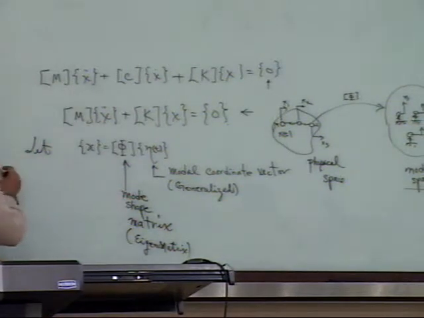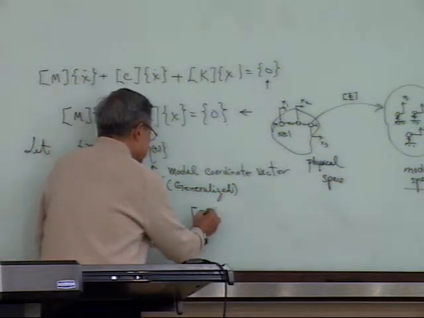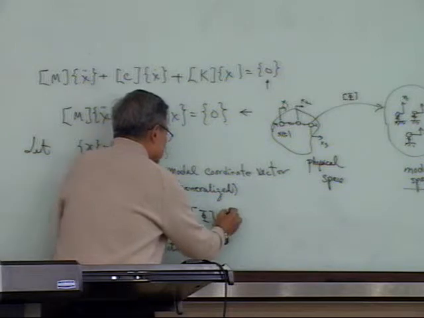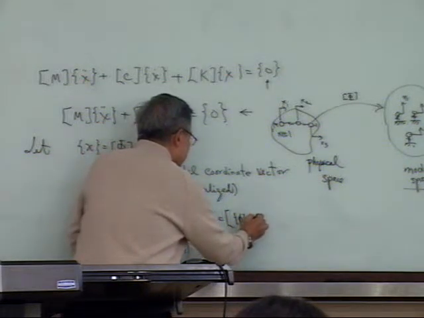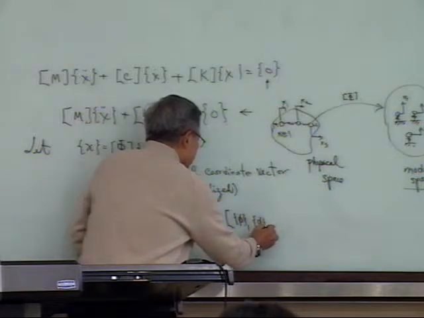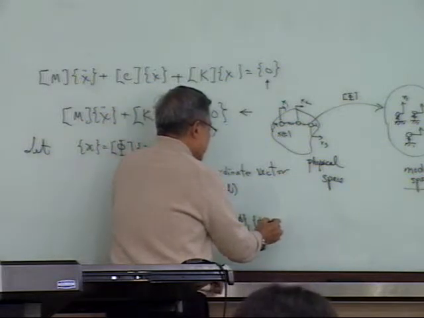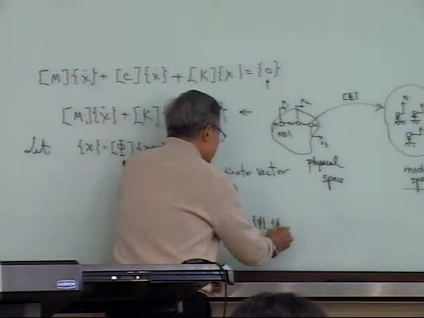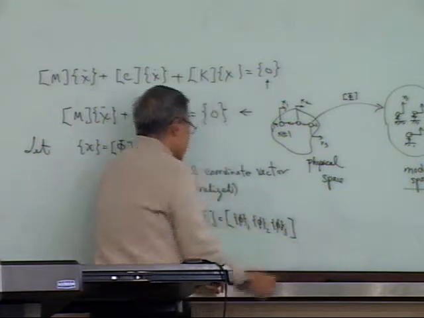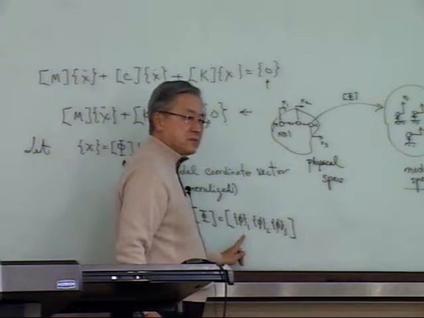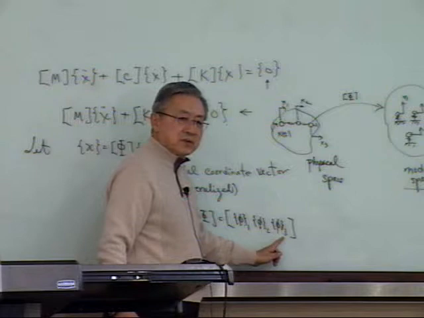Then this phi consists of phi 1, phi 2, and in this case, a 3 degree of freedom system has phi 3. That's all. Each is a vector: first modal vector, second modal vector, third modal vector.